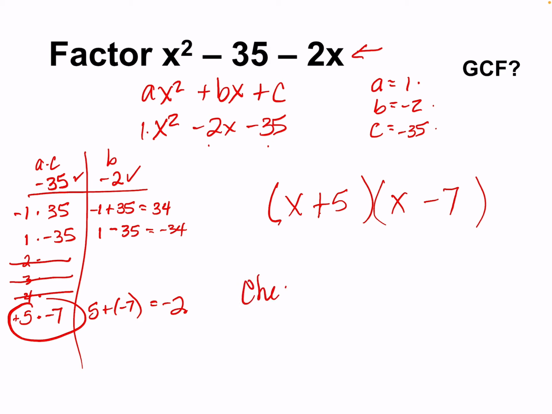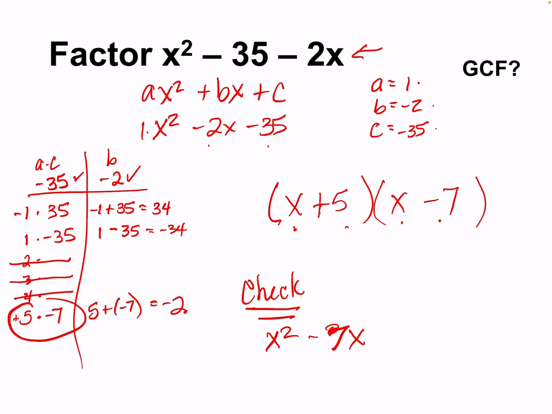Last step is to do the check. People who do the check on the test get better test scores than those who don't. All right, I'm going to use FOIL. Multiplying my front two terms together, I get x squared. Outside two terms gives me negative 7x.